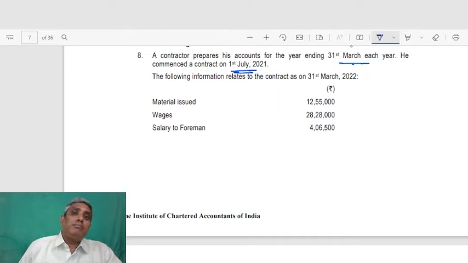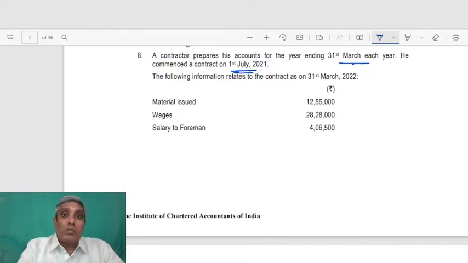Then other important terminologies which we had already discussed in our class to be remembered: what is the value of work certified? What is the cost of work uncertified? Escalation clause if it is there, or cost plus contract if anything is mentioned in the question.